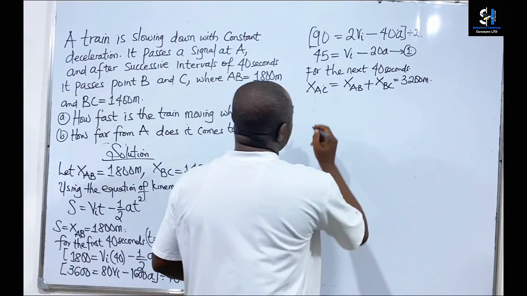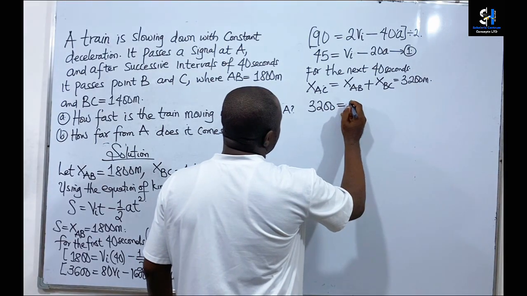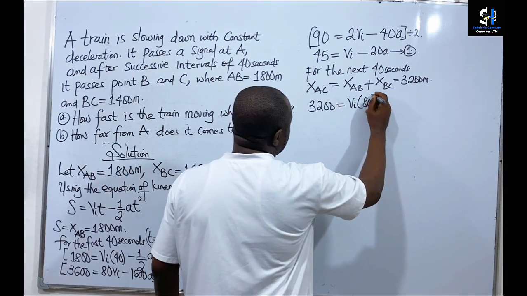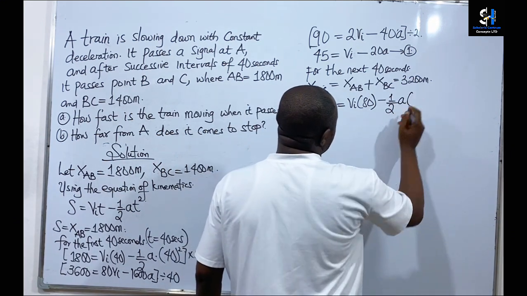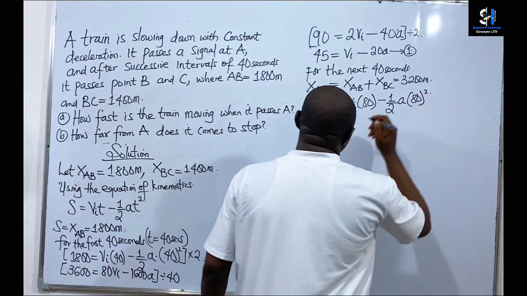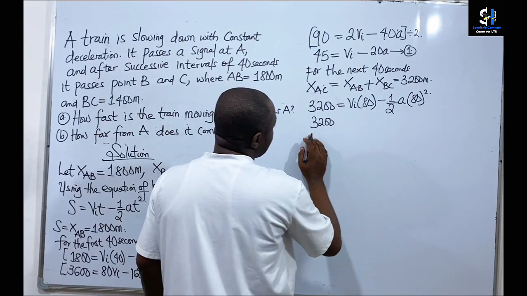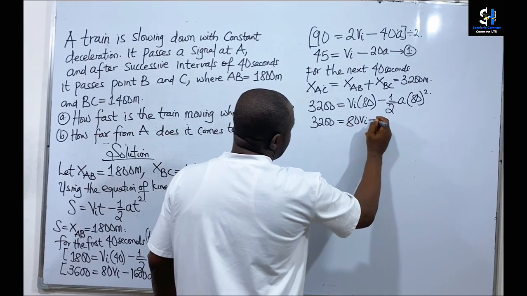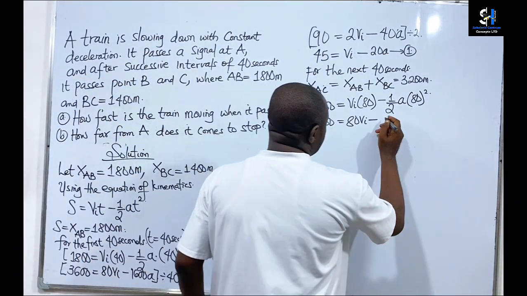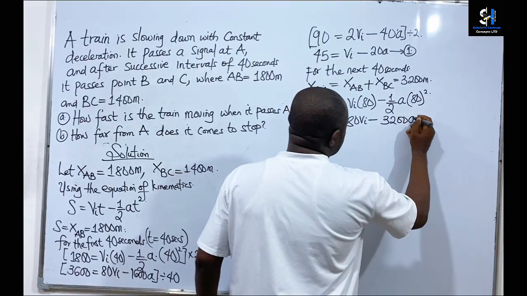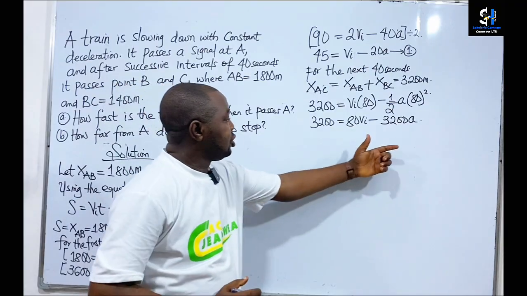So the second equation is 3,200 equals VI multiplied by 80 minus 1/2 of A multiplied by 80 raised to the power of 2. So 3,200 equals 80 VI minus 3,200A.